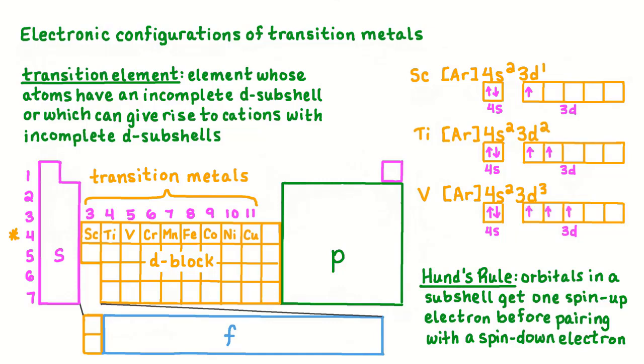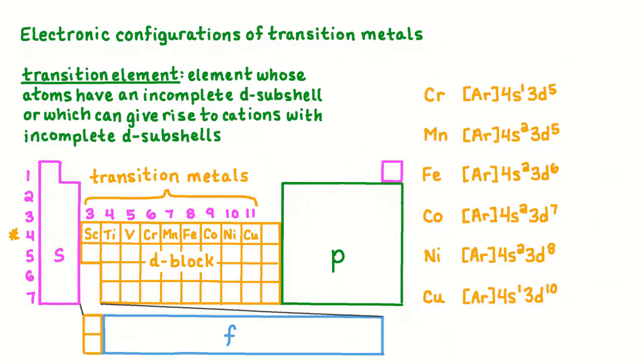A similar process is followed to complete the diagram for vanadium. In the 3d subshell of vanadium, the first 3 orbitals will contain 1 spin-up electron each. Now we're ready to take a look at the electron configurations for the remaining transition metals in period 4. In each successive electron configuration, we would expect to see 1 more electron present in the d subshell.